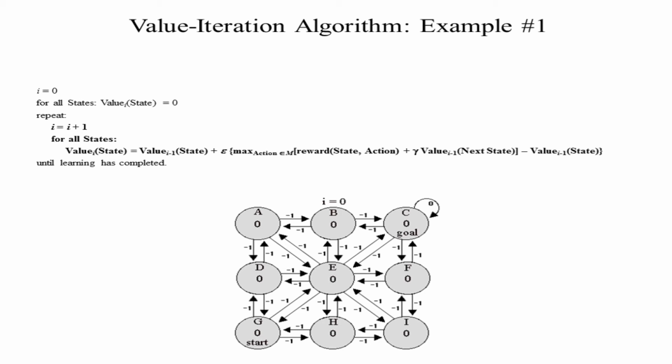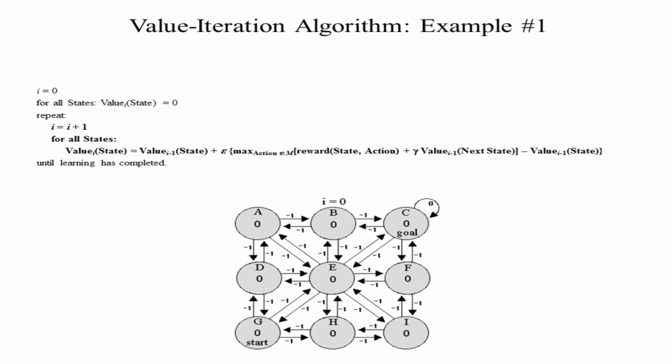And then, with each iteration of learning, the values of these states are updated using this equation. And what you can see is that this equation describes the value associated with a given state at time step i, and that value equals the value of that state in the previous time step, so time step i minus 1, plus some fixed proportion of everything that's in this set of brackets. And this fixed proportion, you can think about it as being a learning rate parameter that controls how quickly the agent, or the frog in this case, learns.